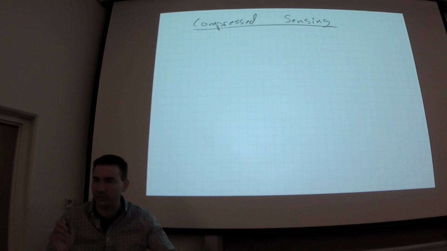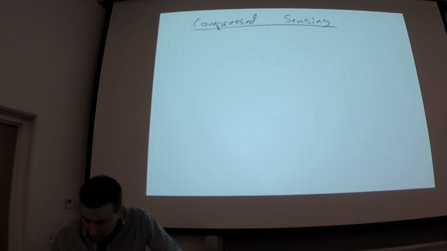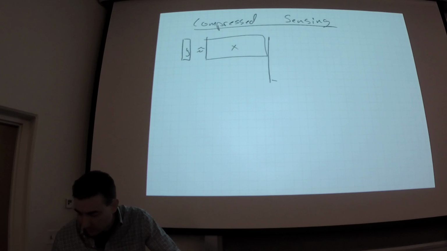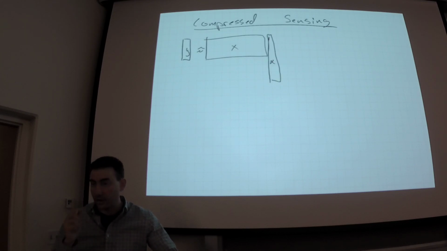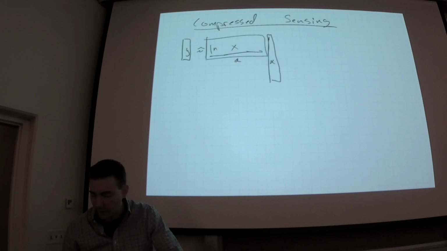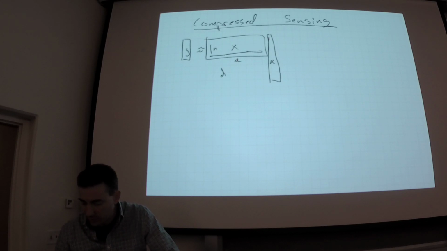Basically, I'm given y and I'm given x. I'm going to look at a problem where x is n by d, and d is going to be larger than n.